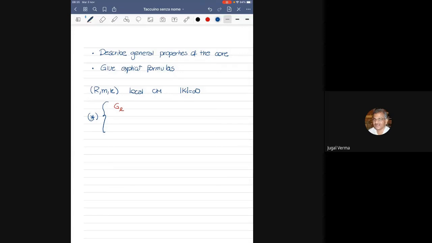This is just a condition on the local number of generators of the ideal. That doesn't tell us anything about the number of generators of the ideal globally. So it's very mild and actually can be checked very easily just from the presentation matrix of the ideal.